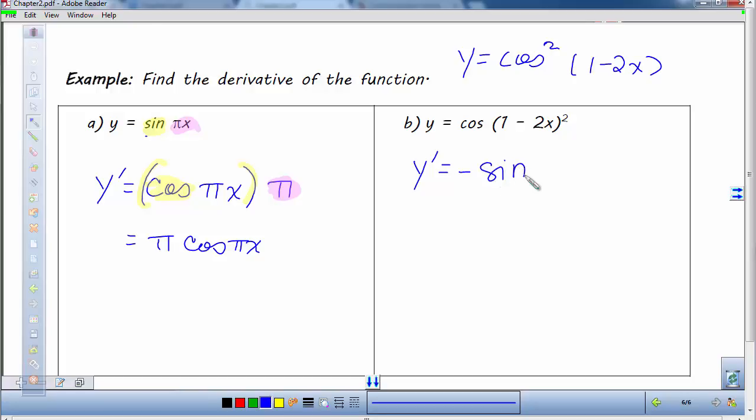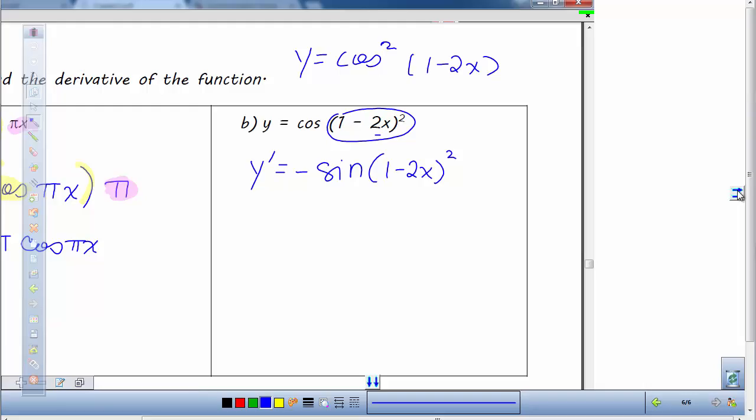Okay, my inside here is 1 minus 2x squared. Now I have to take the derivative of the inside. All of this is my inside. So what am I going to do? Now I can bring down that 2.